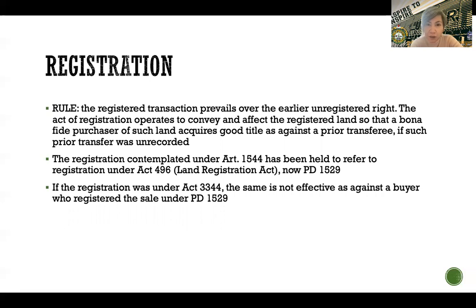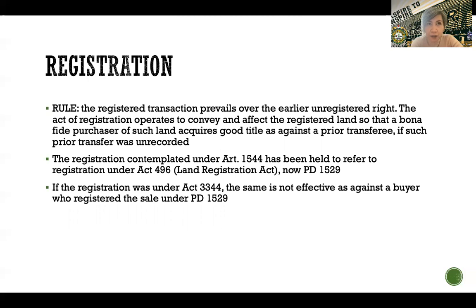Okay, the registration contemplated under Article 1544 has been held to refer to registration under Act 496, which was the Land Registration Act, and is now called the Property Registration Decree, or Presidential Decree 1529.